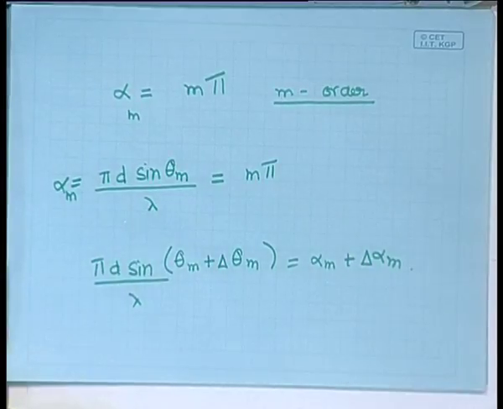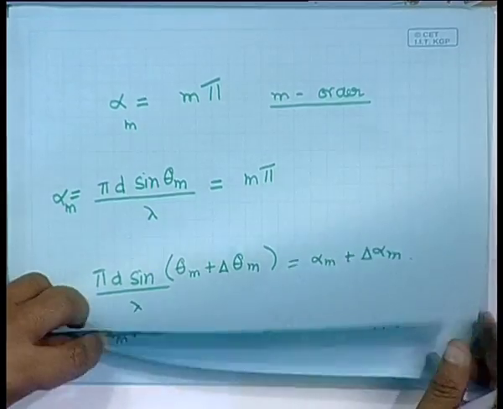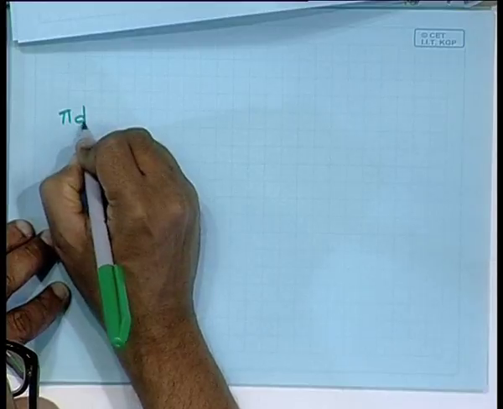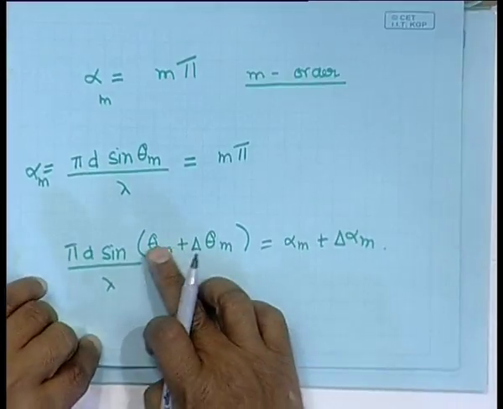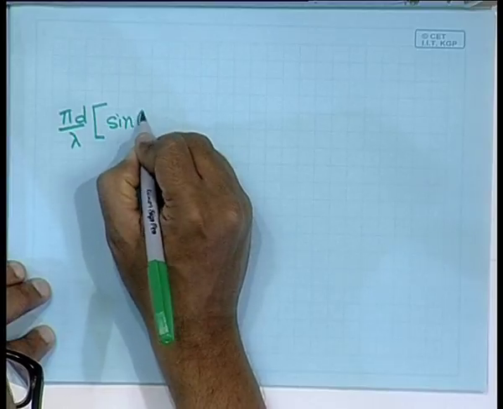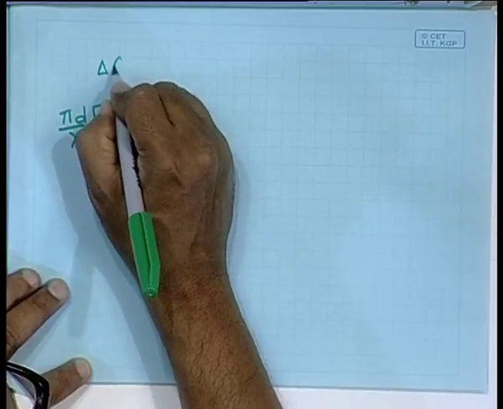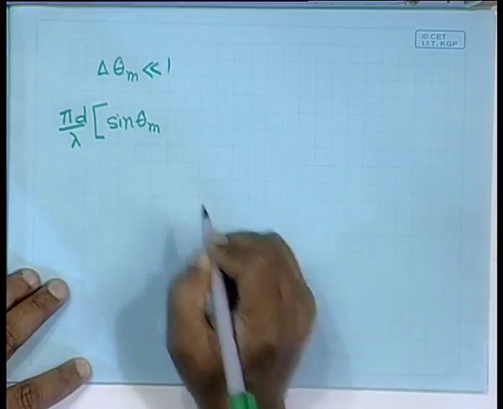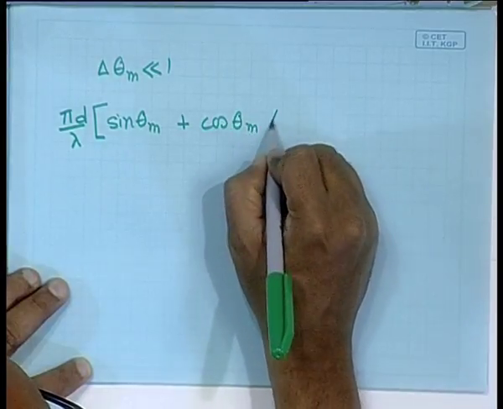And how much is delta alpha m? We can estimate that from here. We can assume that delta theta, the change in theta, is small. So, we can expand this and write it as pi d by lambda, sine theta plus delta theta can be written as sine theta m, cos delta theta we can take to be 1, assuming that delta theta m is much less than 1, plus cos theta m into delta theta m.